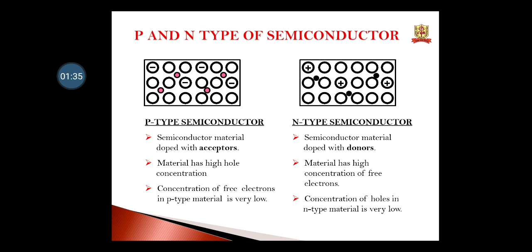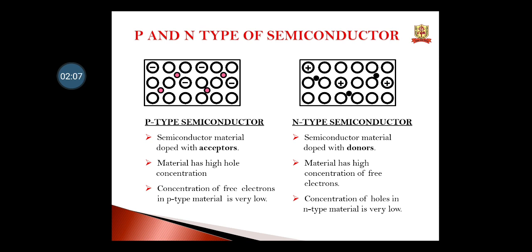In p type semiconductors, there are a large number of holes and very few electrons. So there are two types of carriers in extrinsic semiconductors basically, majority carriers and minority carriers. In p type semiconductors, holes are majority carriers and electrons are minority carriers.